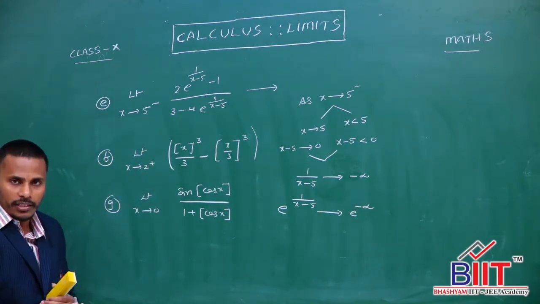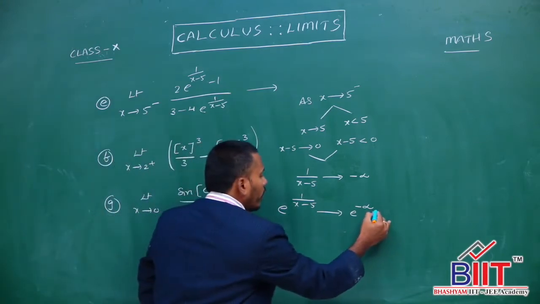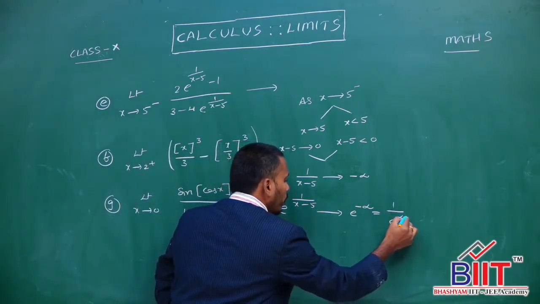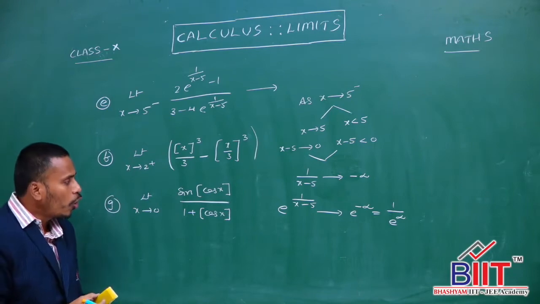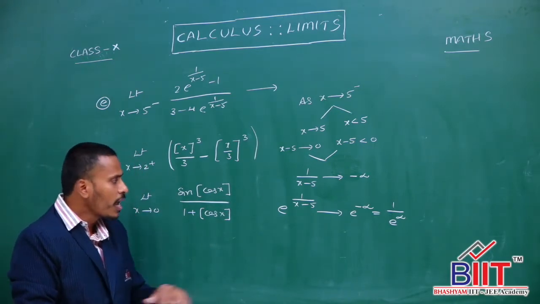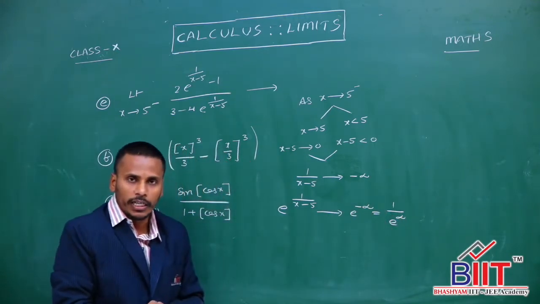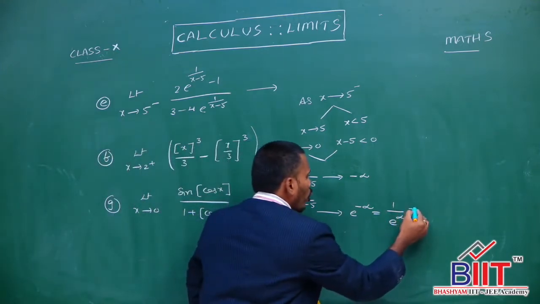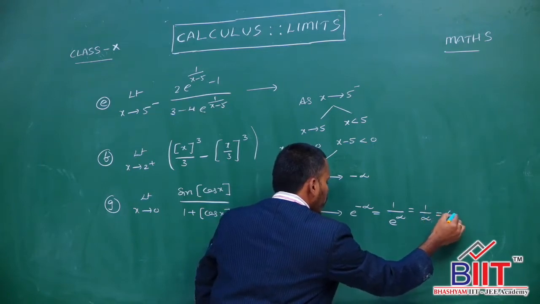What is e power minus infinity? E power minus infinity is simply 1 by e power infinity. And we know e is a fixed constant, Euler's constant, approximately 2.7, and its power infinity is again infinity. So, 1 by infinity is 0.